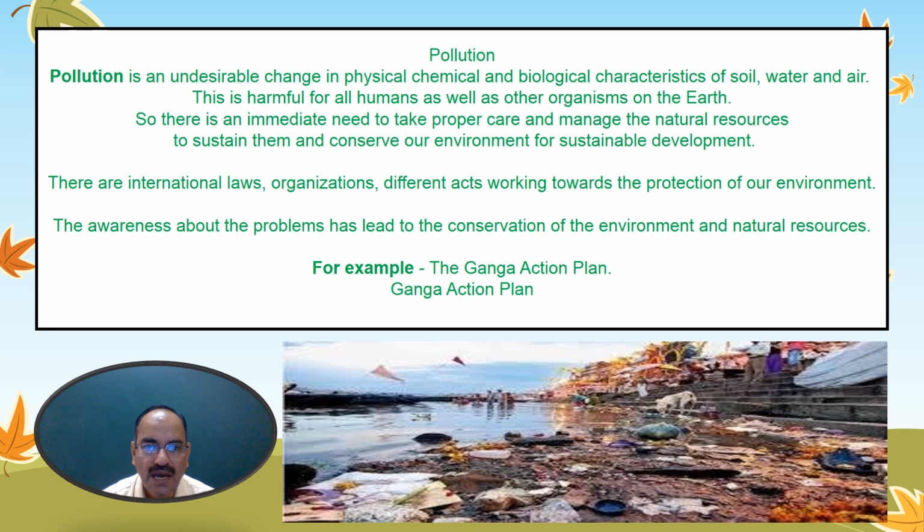Human activities are leading to the pollution of air, water, soil, and all other natural resources. Below here you can see the diagram which shows the condition of the Ganga river.